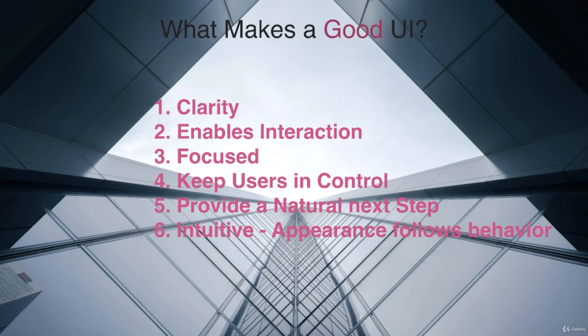And 6, we need to think about intuitive. We touched on some of these topics in previous numbers here, but it's very important to understand that the whole idea is that we want the users to feel part of this world that we want them to interact with. The user interface has to be intuitive. Appearance follows behavior. What that means is things need to behave the way we expect.